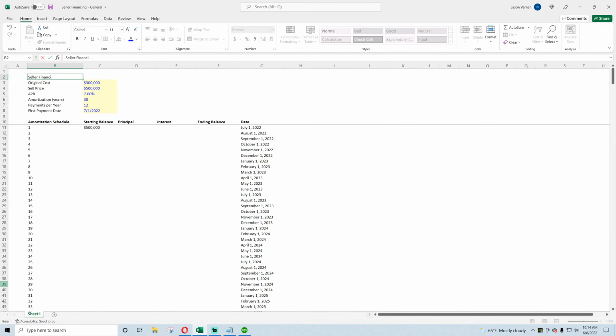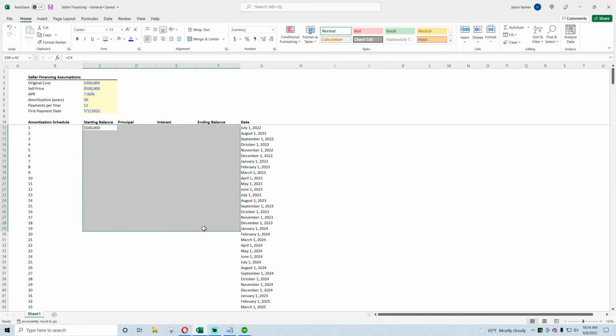Seller financing assumptions. Okay, so let's say we're going to have this amortization schedule. Now there was something tricky that goes on with the principal and interest payments here. I wish I could find that other sheet.